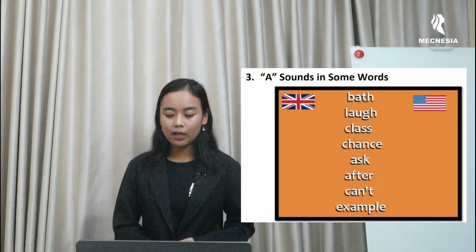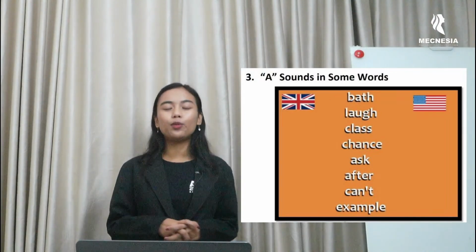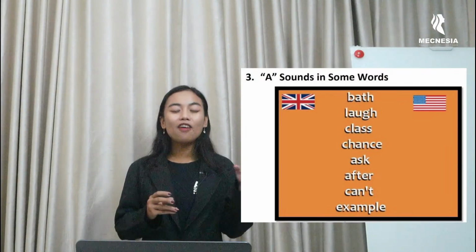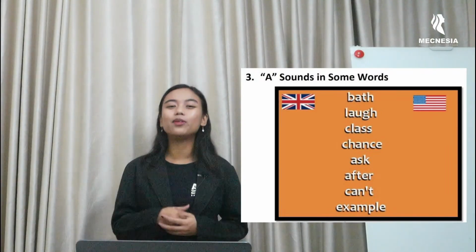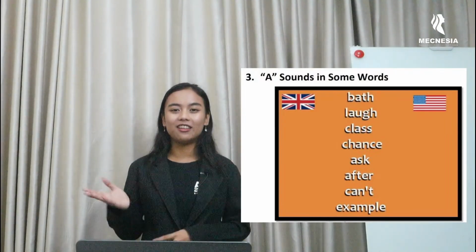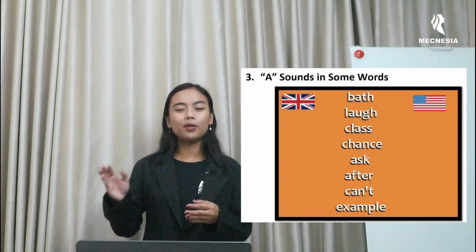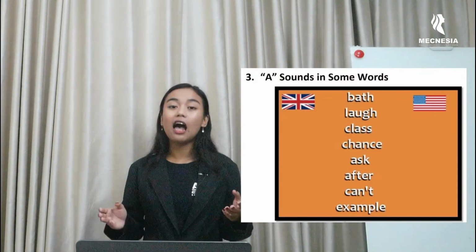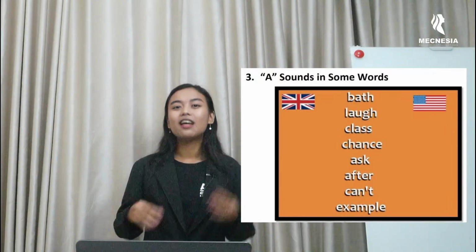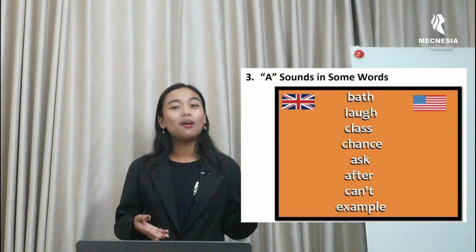Next word, we have the word after. Well, in British English, we pronounce it as after. Let's try it with me. While in American English, sedangkan di American English, we pronounce it as after. Remember, American English punya bunyi R yang lebih jelas daripada British English.